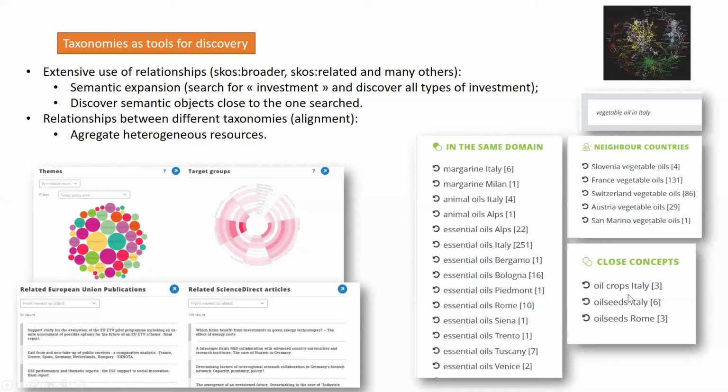But it can apply also to geography. For example, the system knows that Italy has several neighbors. So here you are provided with the different neighbors of Italy and the same query, vegetable oils in France or in Switzerland, maybe also in Greece, or things like that.